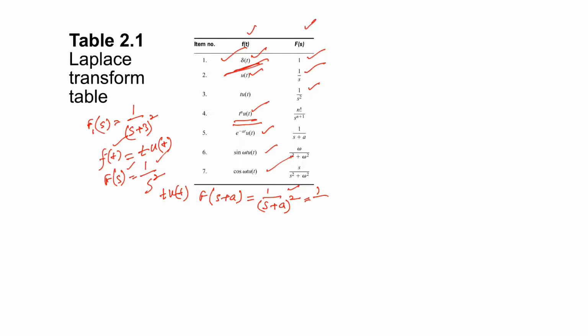For the unit step it is 1 by s, then t u(t) equals 1 by s squared, and for t to the n u(t) the formula is n factorial divided by s raised to the power n plus 1. So this is a Laplace transform table, which is used to find the Laplace transform of functions.